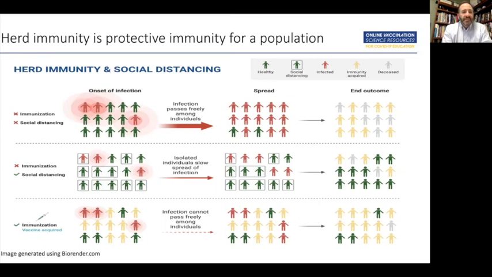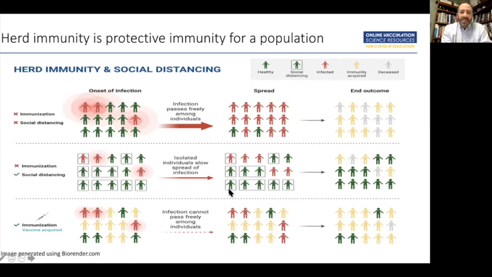In the presence of social distancing, when actions are taken to moderate and regulate our interactions with each other, people who are socially distancing and are controlling with whom they interact are not exposed to the pathogen. So you can start with the same number of infected individuals, fewer of them will be passing it to others, and fewer healthy people will be coming in contact with people who have been infected. So the isolation of individuals slows the spread of infection.